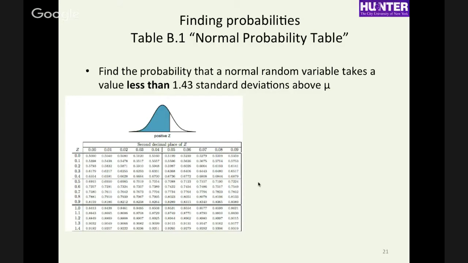This is just math, but in terms of something concrete like women's heights, what would this question be asking? Yes? Yeah, it would be what's the proportion of women with a height less than 1.43 standard deviations above the mean, which would be 65 plus 3.5 times 1.43.